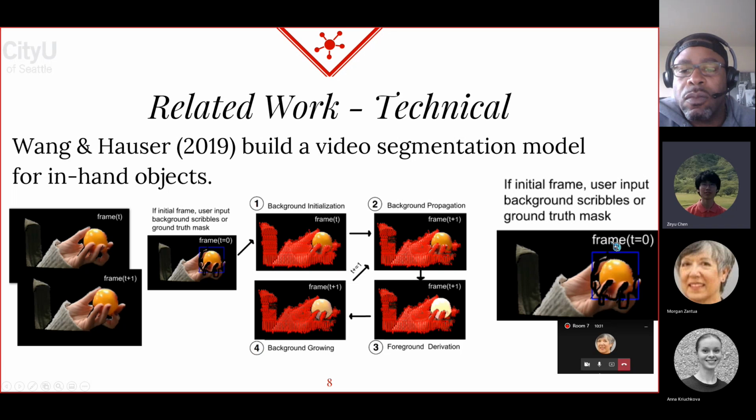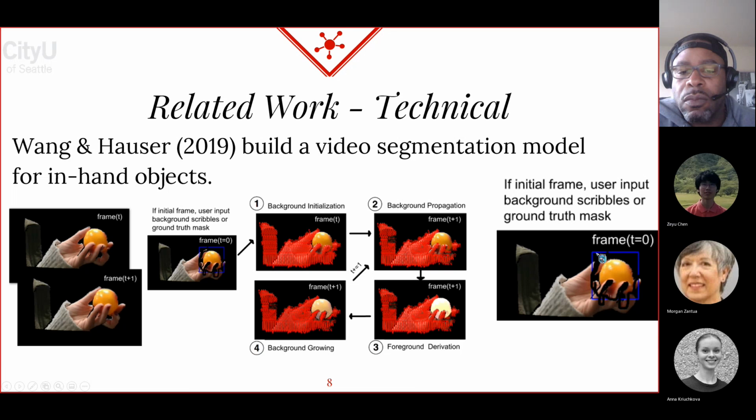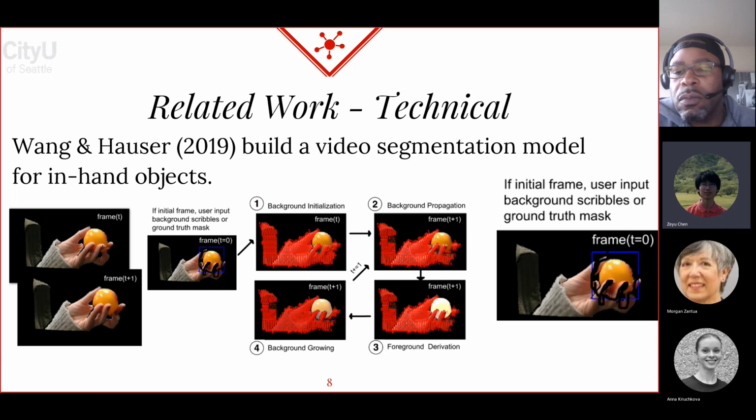You can see they require user to mark the first frame to segment the front end and the back end. It needs user to do too much interaction that are not suitable for my system.